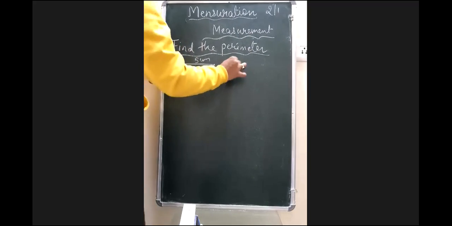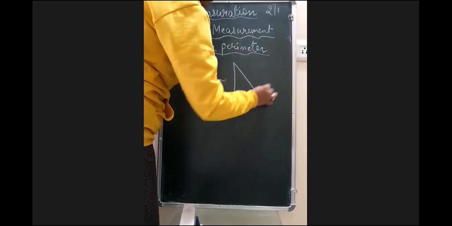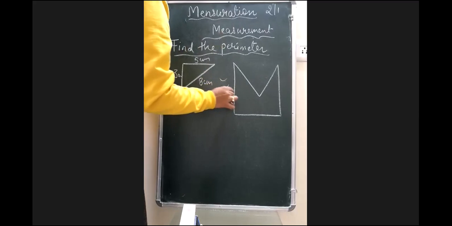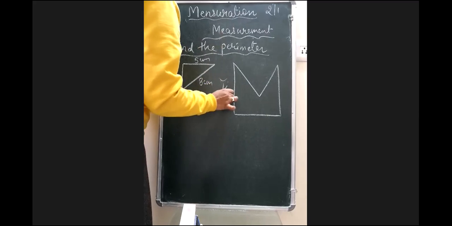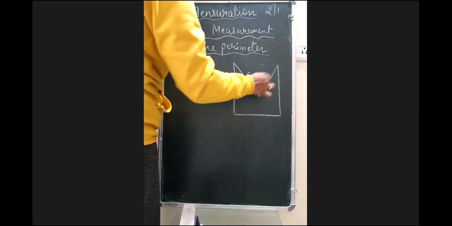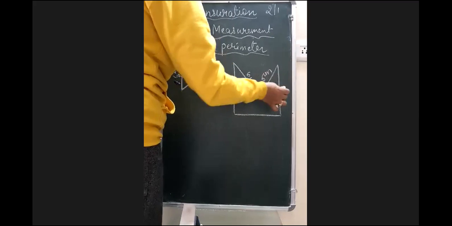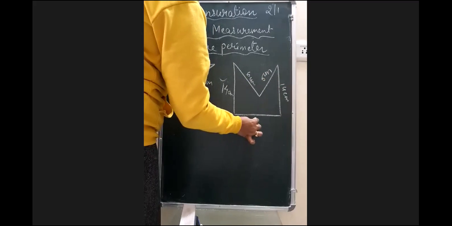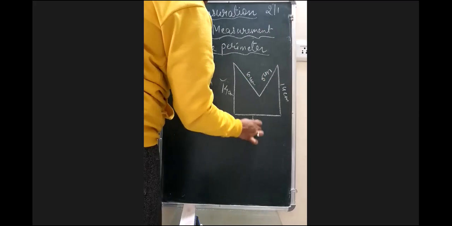Now another one, of which you have to find the perimeter. The second one: I'm taking 14 centimeter, 6 centimeter, 6 centimeter, 14 centimeter, and this is suppose 10 centimeter.